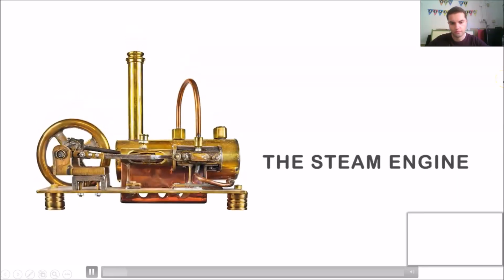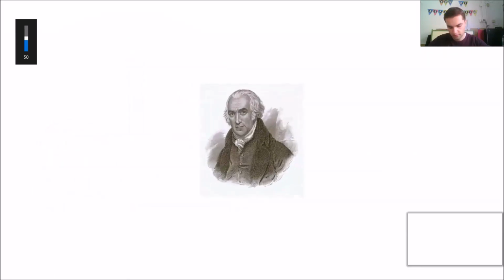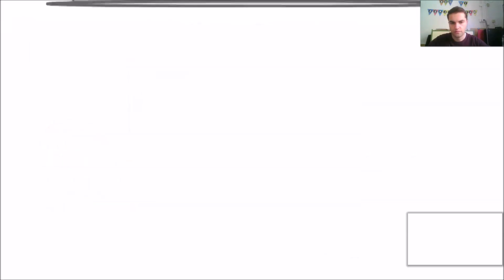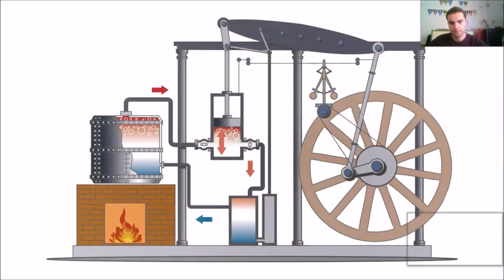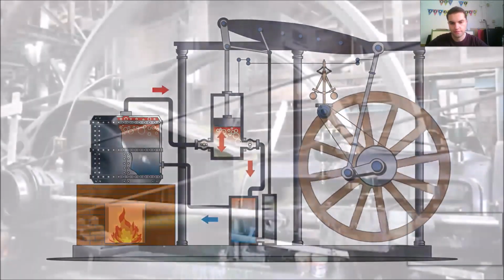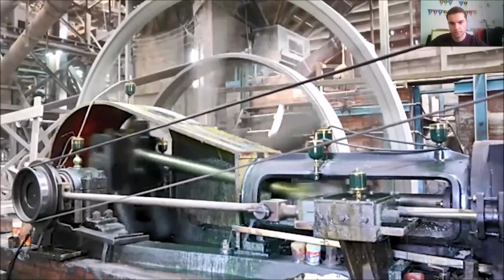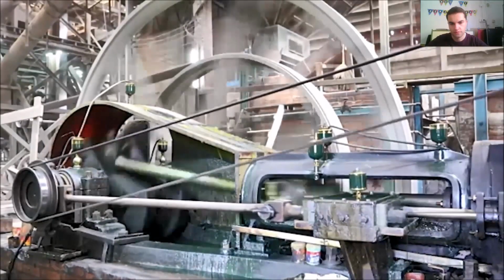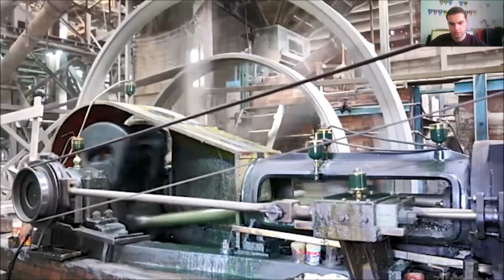The steam engine. In 1769, James Watt perfected the steam engine, James Watt. the machine that changed the world. He was the inventor. This machine made it possible to transform thermal energy from steam into the mechanical energy that was used to power machines.